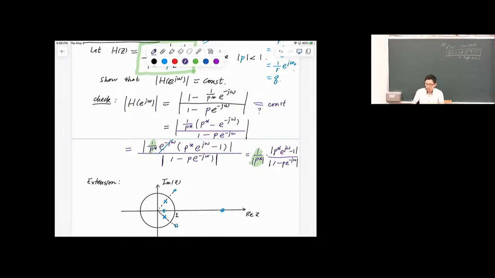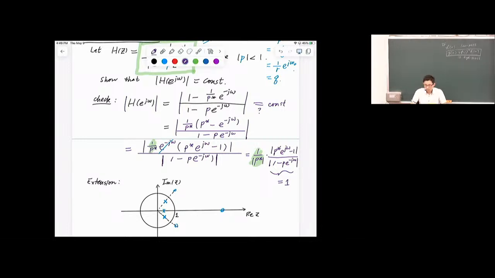And I claim that with a closer look, this is a constant. This is always equal to 1, no matter what p is. P is our point, which could be anywhere inside the unit circle.